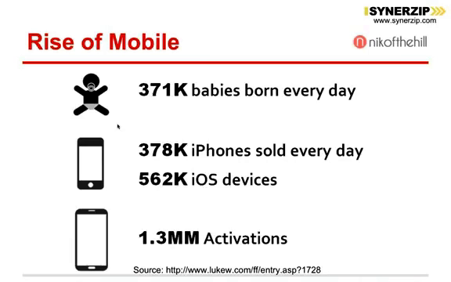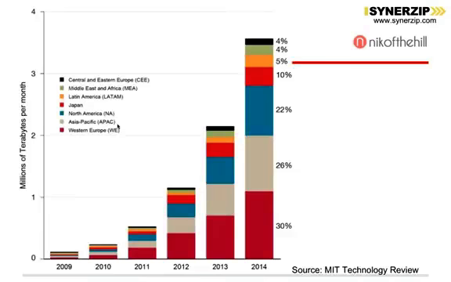Western Europe and Asia Pacific regions now account for 60% of the worldwide mobile data traffic, and this only shows that it's only going to go up from here. This is a terabyte per month map, and as you can see, the consumption for mobile compared between 2009 and 2014 is exponential.